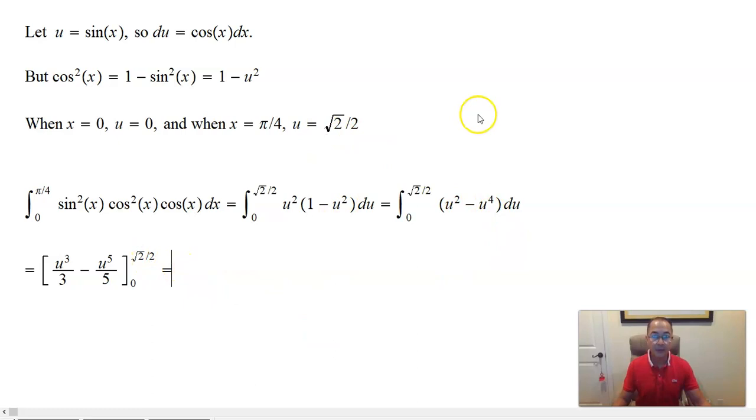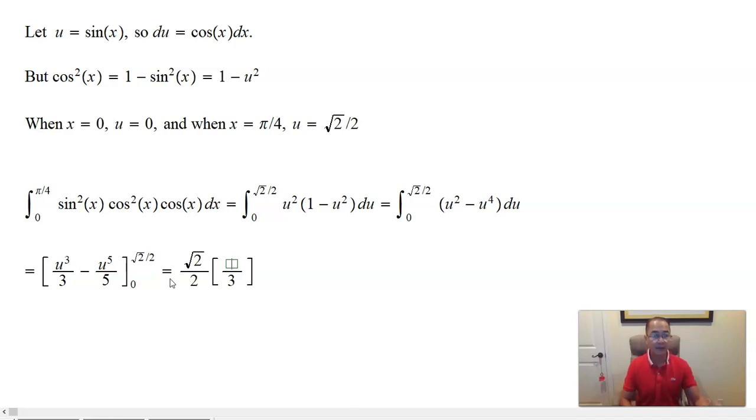So here's what I'm going to do. To keep it simple, I am going to take out one of the radical 2 over 2's. And now I have a square here divided by 3, because I borrowed one of the u's. So when you square radical 2 over 2, that should now be a 2.